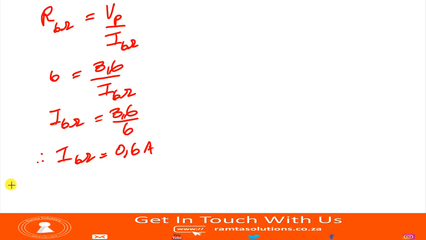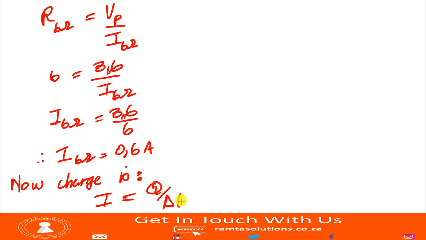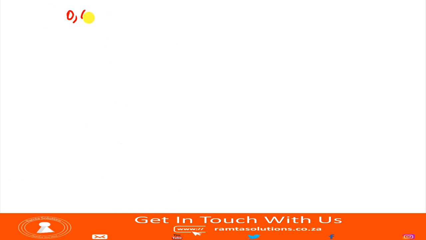But then what else do you know? You need to find charge. Now current is charge over delta T. What is the current flowing? 0.6. What is the charge? We do not know. What was the time? It was 40 seconds. 6 times 4 is 24, 6 times 40 is 240.